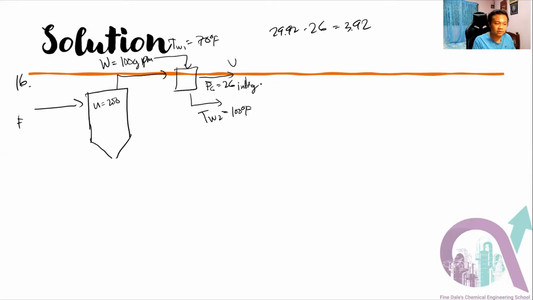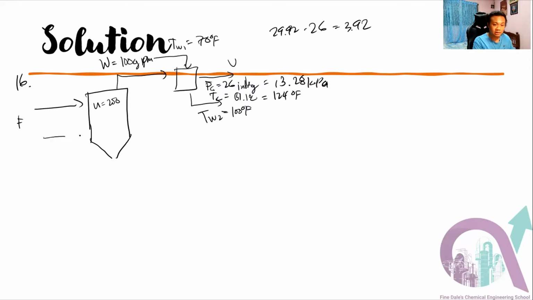So if you transform this to kPa, you have 13.28 kPa. Don't forget to subtract it first from 29.92 so that you get 3.92, and then you can transform that to 13.28 kPa. So that gets a temperature of 51.1 degrees Celsius, or close to 124 degrees Fahrenheit.